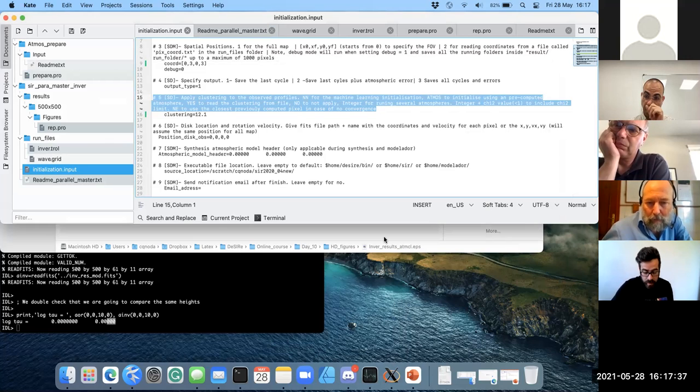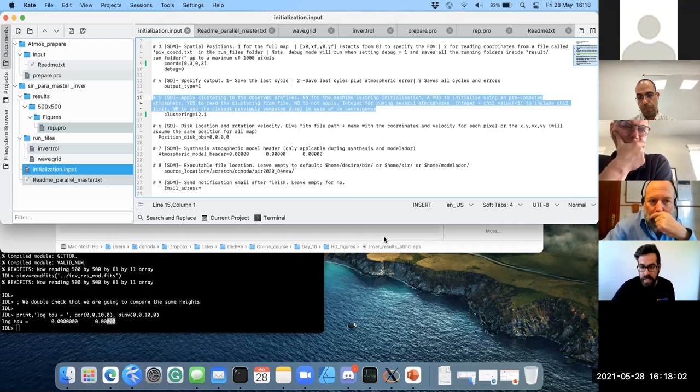So imagine that it is basically you who is doing the clustering. You are just feeding the code with the clustering that you use, meaning that instead of having, for example, these 12 atmospheres, you also have 12 atmospheres, but you tell the code that, okay, pixel number 1 is atmosphere number 1, pixel number 100 is atmosphere number 6.